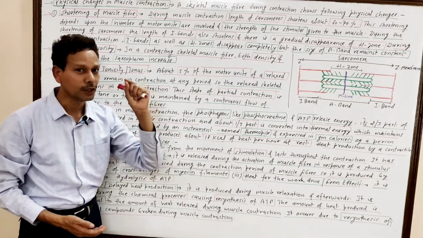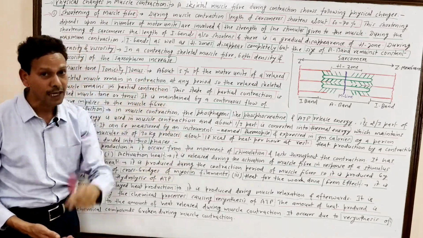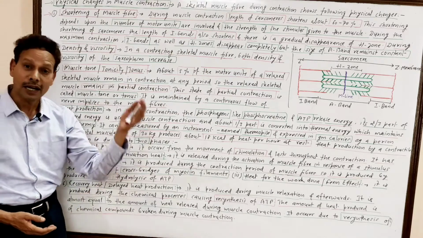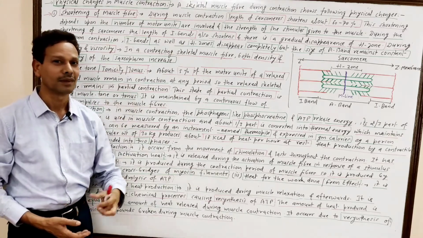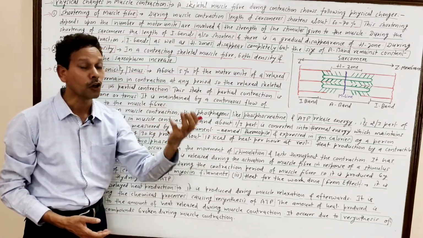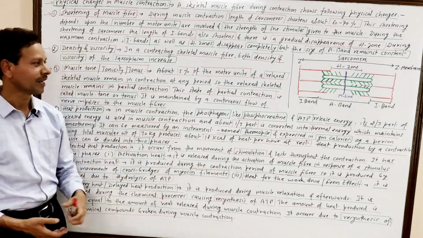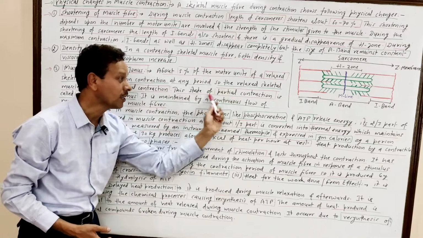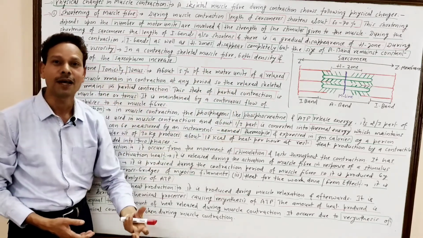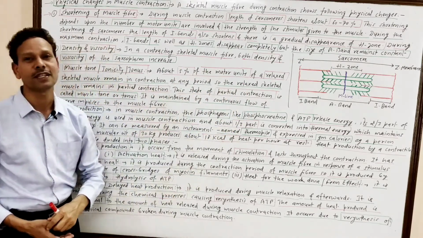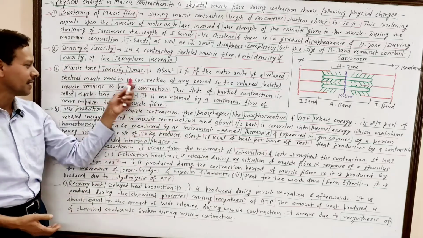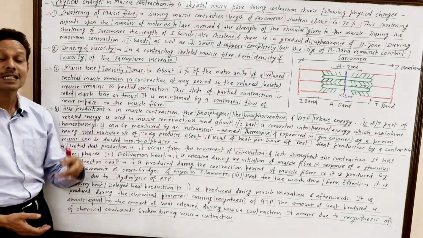It means even in a relaxed muscle, the muscle fibers remain in partial contraction. This state of partial contraction of muscle fibers, even in relaxed state, is named muscle tone, muscle tonus.